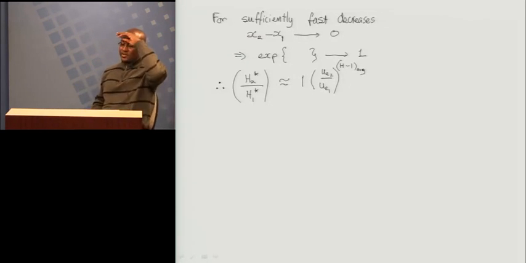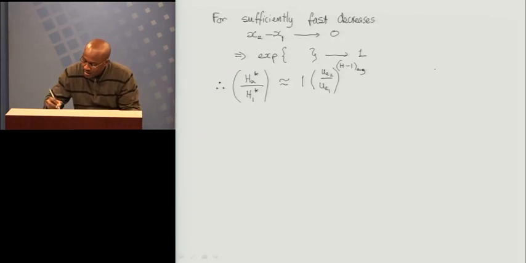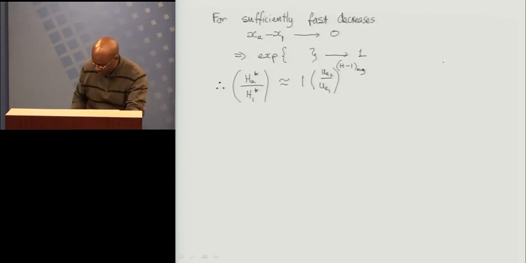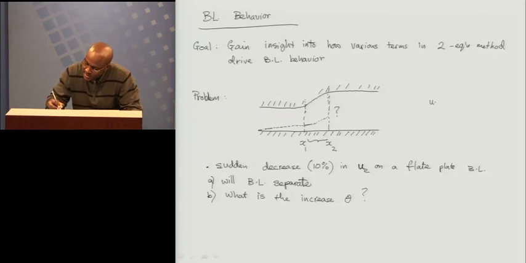For this case, we're looking at, say, a 10% decrease. A 10% decrease means that, let me write that over here, UE2 over UE1, that ratio, is equal to 0.9.